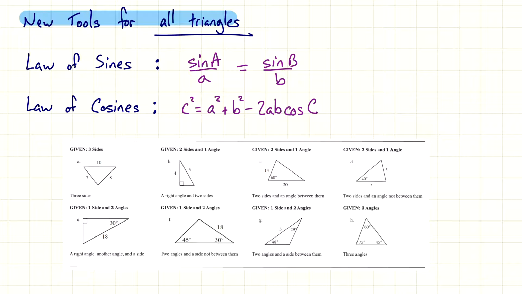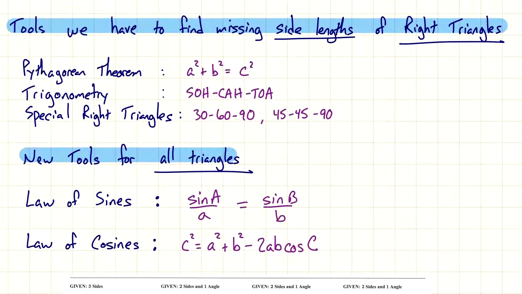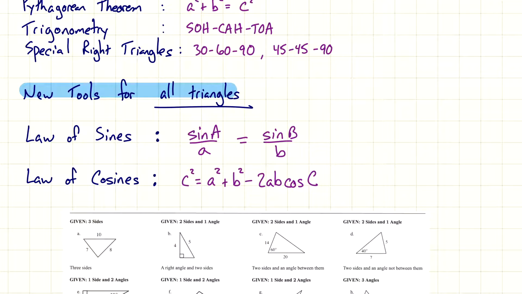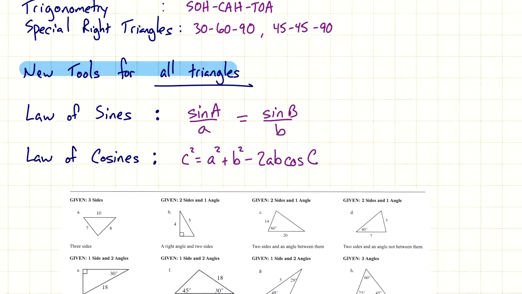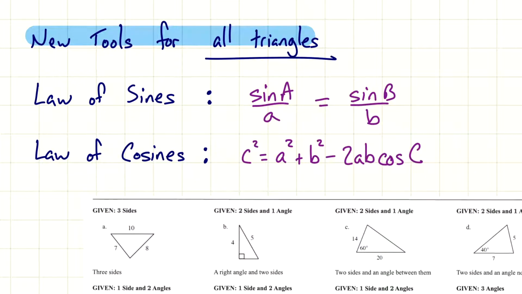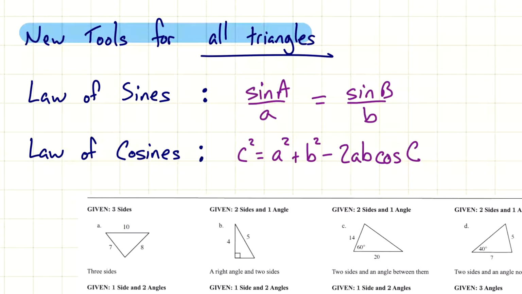These are tools we get to use for triangles that don't have right angles, but they could actually still work with triangles that do have 90 degrees. But if you do have a right triangle, then most likely you should be using the simpler tools. But for triangles that don't have 90 degrees, these would be your simple tool.